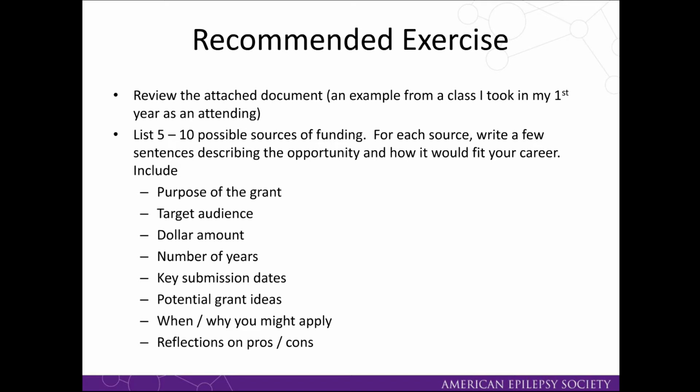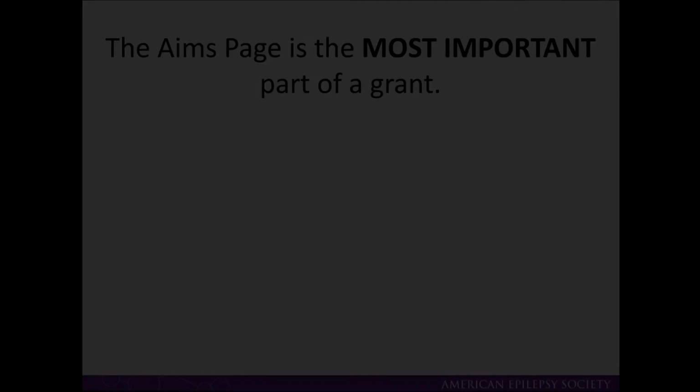And what you do is you take 5 to 10 possible sources, you purposely read through the call for submissions, and then you jot down, what's the purpose of the grant, who's the target audience, how much money is it for how many years, what are the dates, what are a couple of ideas you might submit to them, when and why you might apply, and then reflect a little bit on the pros and cons. All right.